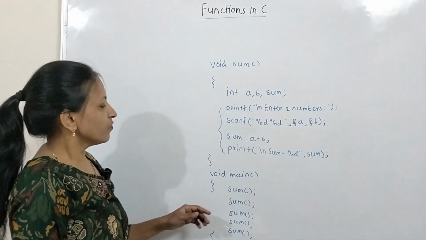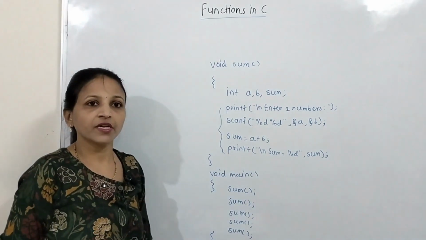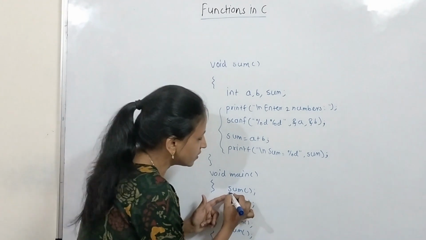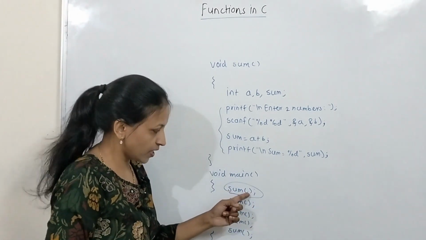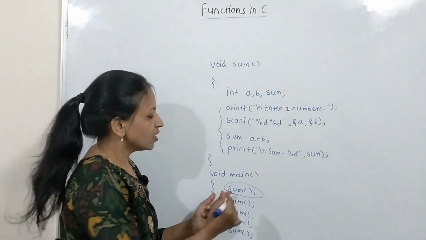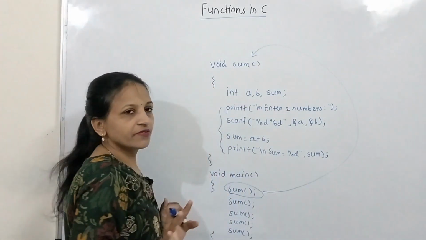What will happen here? Program execution always starts at main and ends at main, we know this. Control will directly come here, and whenever execution control gets this sum with open and close brackets, that means we are calling some function here. Then control will go to the function and execute whatever is written there.